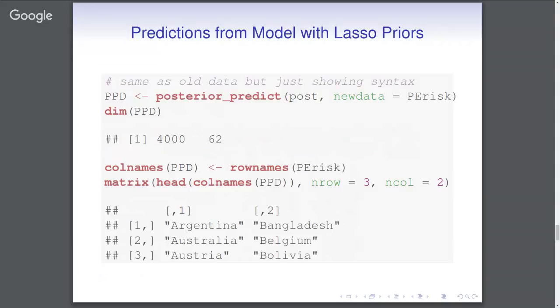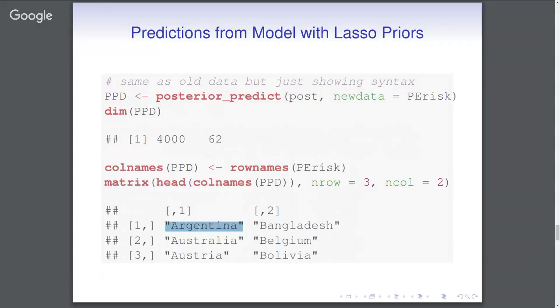So I'll just copy those row names over. And so this would be what I believe about the exchange rate premium in Argentina, a distribution of 4,000 draws for what I believe the exchange rate premium would be in Argentina.